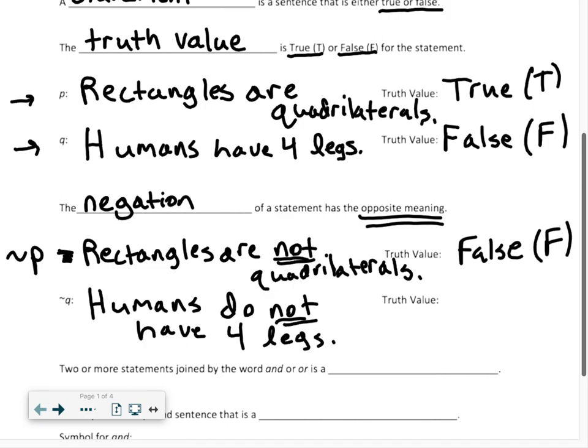Humans do not have four legs? Yeah, that sounds like a true statement. Okay, so when we negate something that was originally false, the original statement, humans have four legs, that was false. When we negated it, it became true. So the truth value of a negation, it just changes the truth value when we negate it.